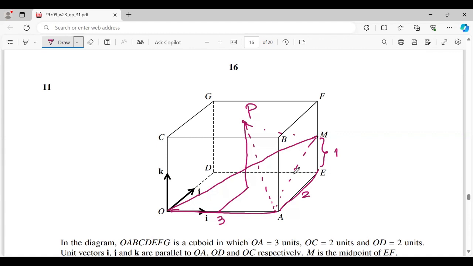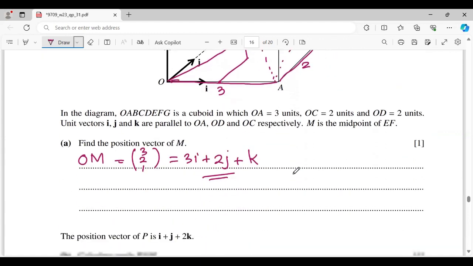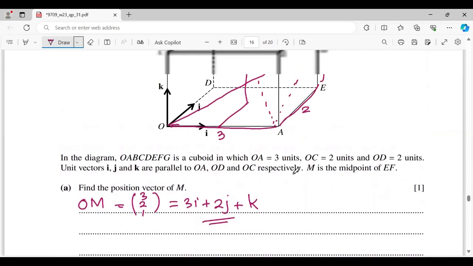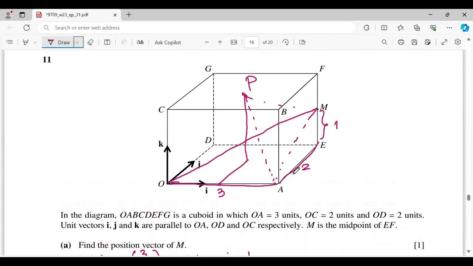We're going to find the position vectors.